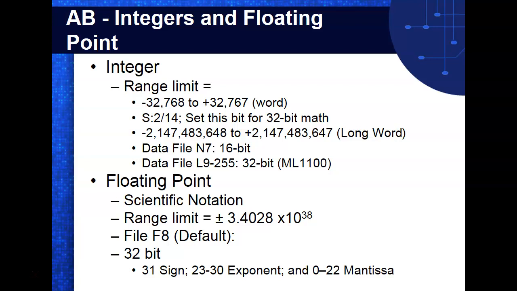Okay. So as long as you don't exceed this, then your exponent will be 0, right? You understand? And then after that, this guy right here gives us an extremely large range. It gives us all the way up to a plus or minus, so it's still a signed number, but we can get up to 3.4028 times 10 to the 38th power using the floating point number, which is huge.